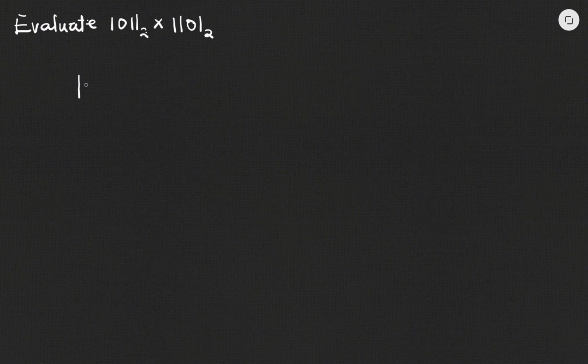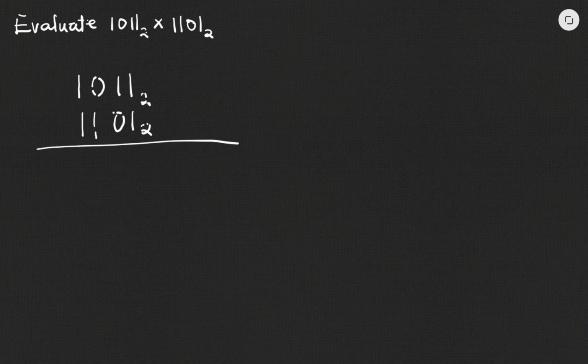So we have 1011 base 2 and then 1101 base 2. Okay, so the pen is not writing too well, but it's fine. So we use each number at the base to multiply what we have at the top. Okay, so let me rewrite this well.